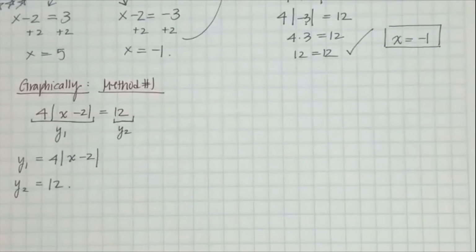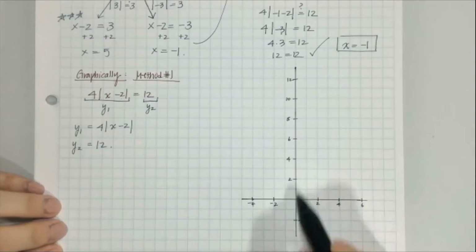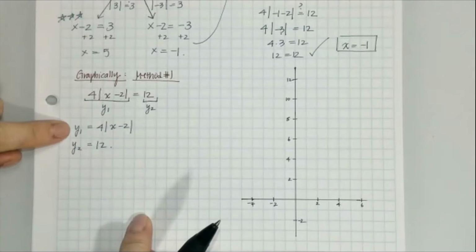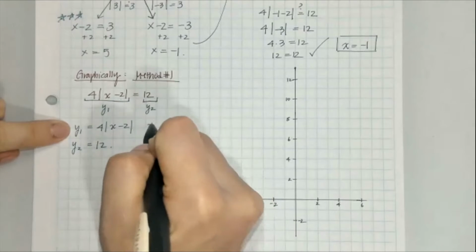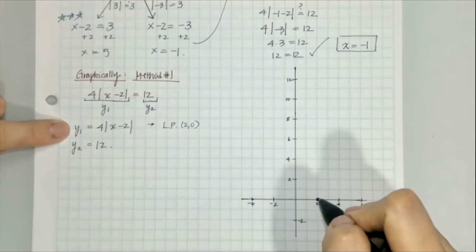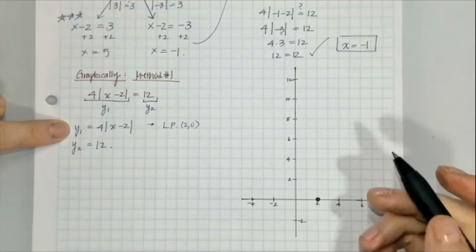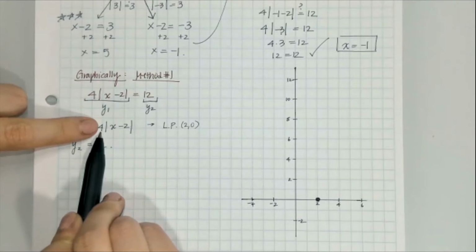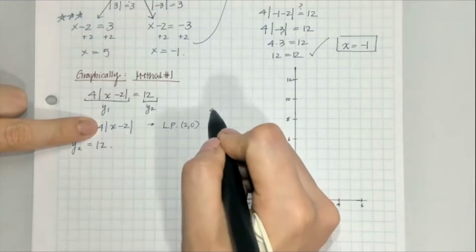So let's graph this. So here I labeled my axes. I made it big enough because I need to go all the way to 12. Let's start with the first equation. This is an absolute value equation with locator point at (2, 0). So I'll put a point there, locator point. And then the a value behaves like a slope. So I'm going to go up 4 and right 1.